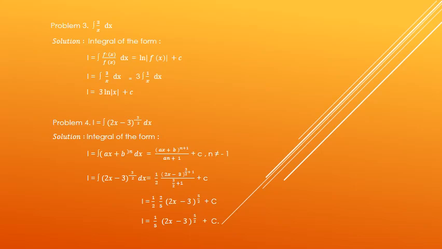We have ax plus b equals to 2x minus 3. So we put here 2x minus 3 and we have the exponent 3 upon 2. That means this exponent is the value of n. So we put the value of n is equals to 3 upon 2. And plus 1 is given in the formula. We put it.